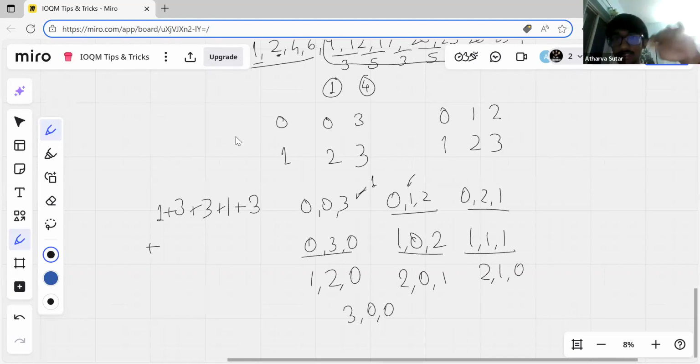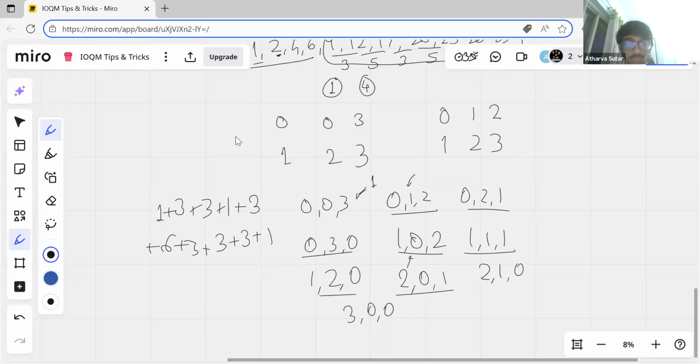Then this case would be +6 because any child can get any coin. So yeah, this is +6. These are basically very similar to these cases, so you can just assume them to be the same. And this gives you the final answer. But this is a very slow method and it's quite inefficient. So if you can reduce the problem to something nicer, then it's better.